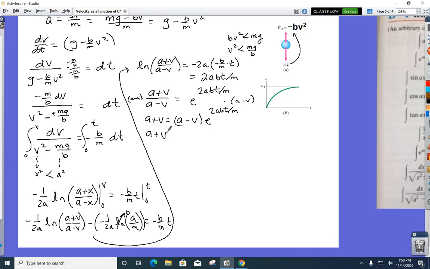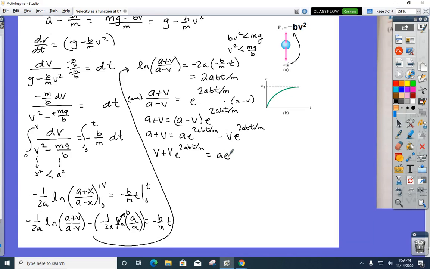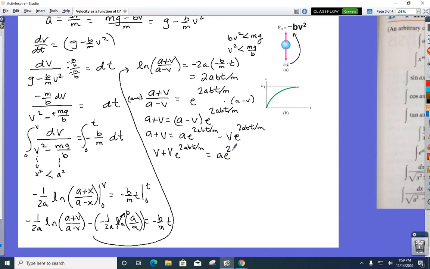So a little bit of algebra here. Hopefully I don't make a mistake with all that algebra. Okay, bring this one over here, and I get v plus v. Bring the a over here to the other side, and then minus a. Getting close.